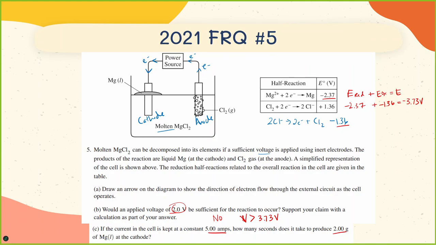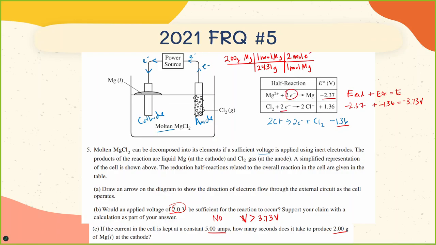Okay, so this one is one of those electrolysis stoichiometry ones. So we're going to do 2 grams of Mg. And I think Mg is 24.31 on the periodic table, and that's 1 mole of Mg. 1 mole of Mg is equal to 2 moles of electrons because of the 2 here.